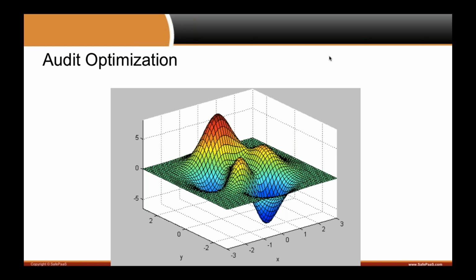So this is a fairly straightforward optimization problem. We have all of the parameters needed to optimize our audit functions according to this objective function.